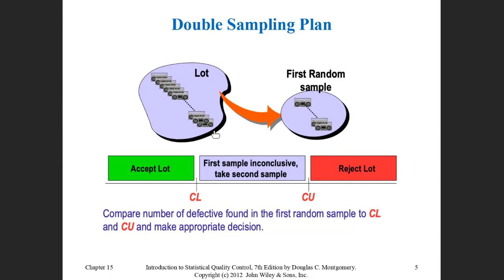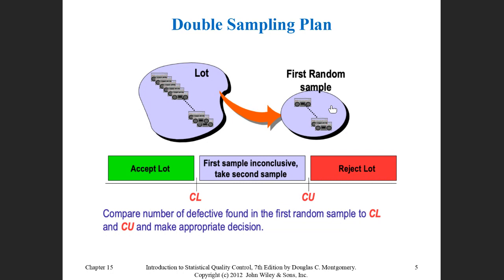We have to look for the second sample and collect all the defectives. So you compare the number of defectives found in the first random sample to the cutoff points or cutoff limits and make the appropriate decision. If it has 3 out of 5, that means it is going to be rejected.